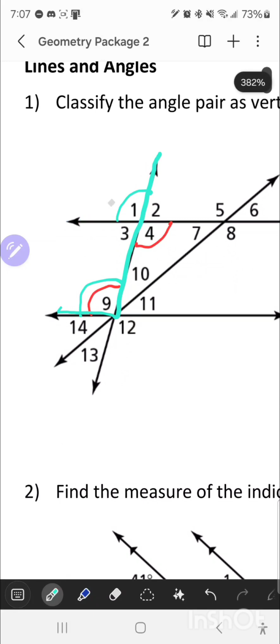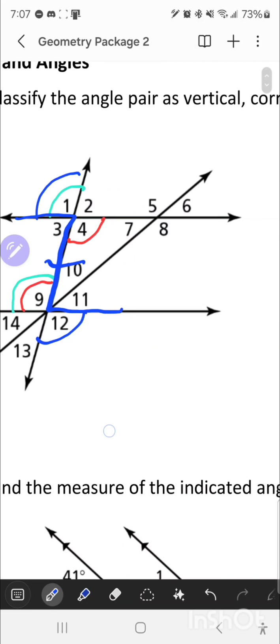Now I go to 1 and 12. Let me do the F here. Okay, 1 and 12. I go here 1 and I go here 12. And I see that there is also a Z here when I draw the figure. So if there is a Z, they are alternate angles.